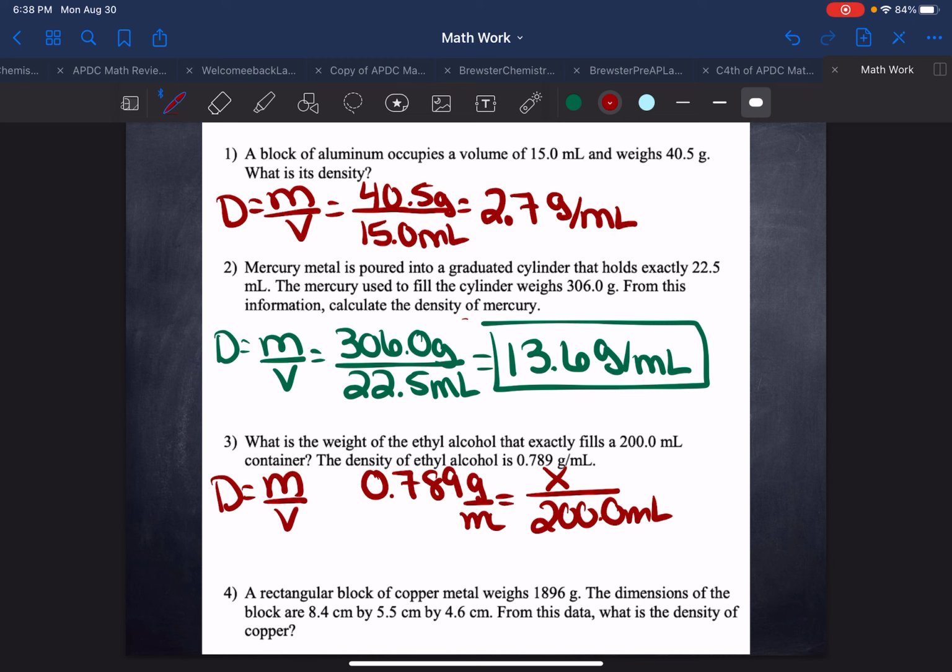So I need to multiply 0.789 times 200 and I get 157.8 grams per milliliter.